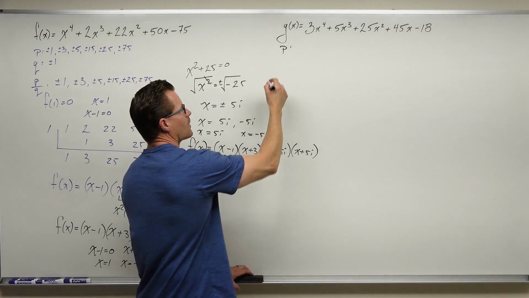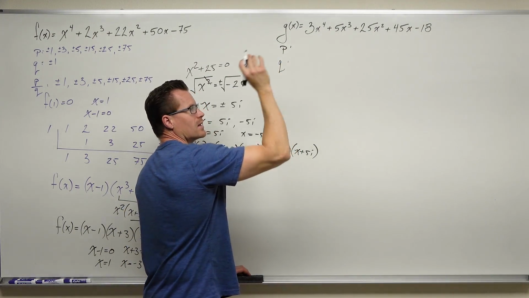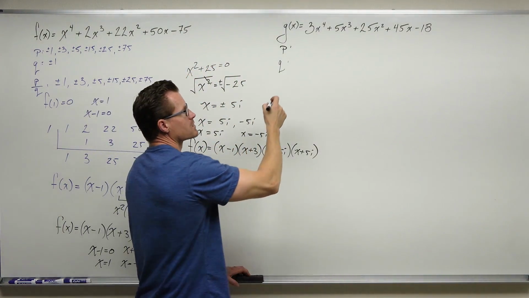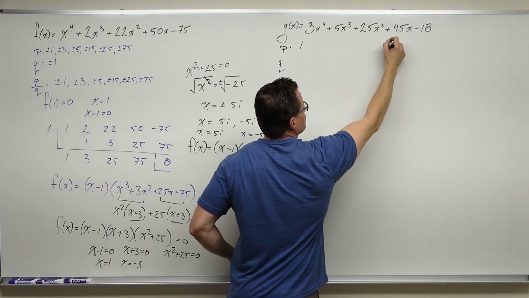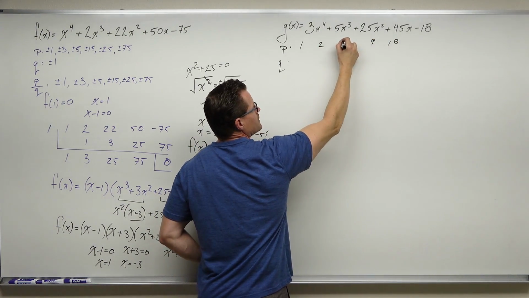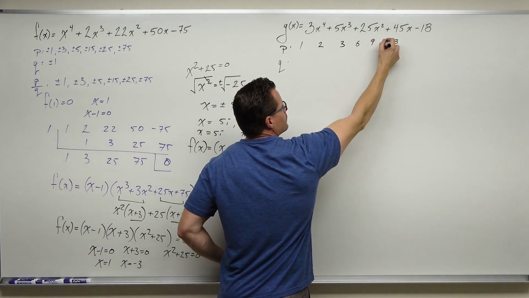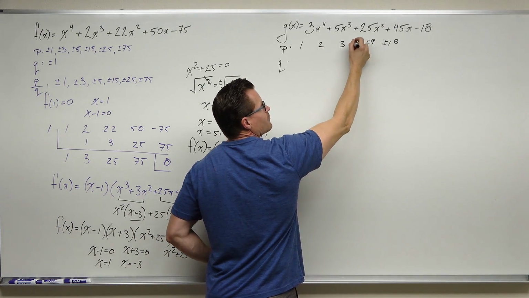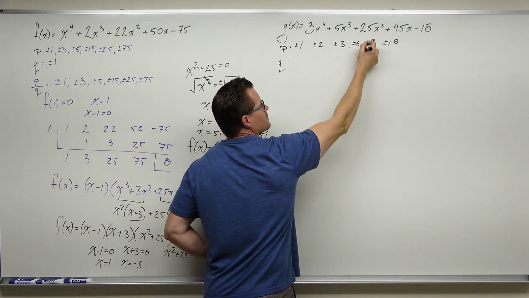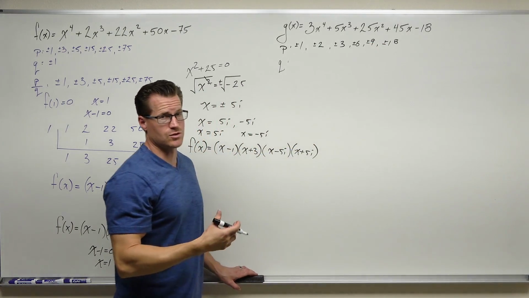And then we're going to take our factors of our constant, that's the p, and our leading coefficient, that's our q. So 18 has factors of 1 and 18, 2 and 9, 3 and 6. And because we have both positive and negative x-intercepts, we're going to have to include both positive and negative factors for that.